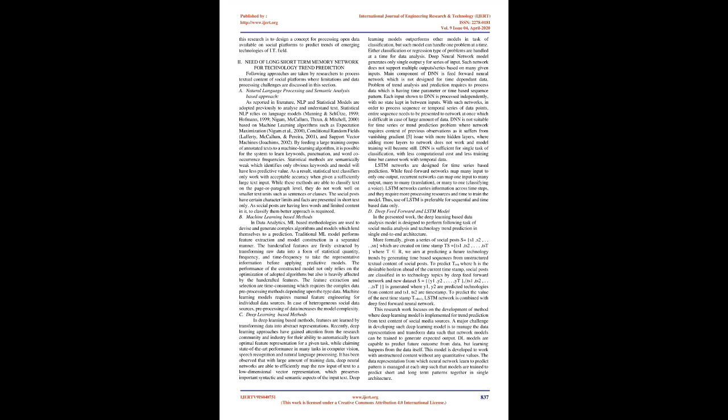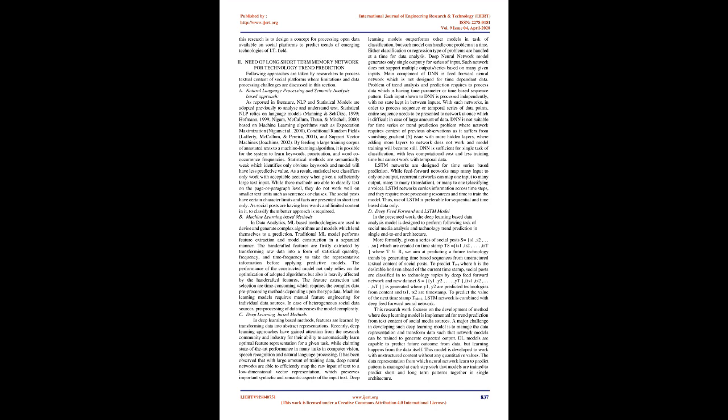Statistical NLP relies on language models (Manning and Schütze, 1999; Hofmann, 1999; Nigam, McCallum, Thrun, and Mitchell, 2000) based on machine learning algorithms such as expectation maximization (Nigam et al., 2000), conditional random fields (Lafferty, McCallum, and Pereira, 2001), and support vector machines (Joachims, 2002).